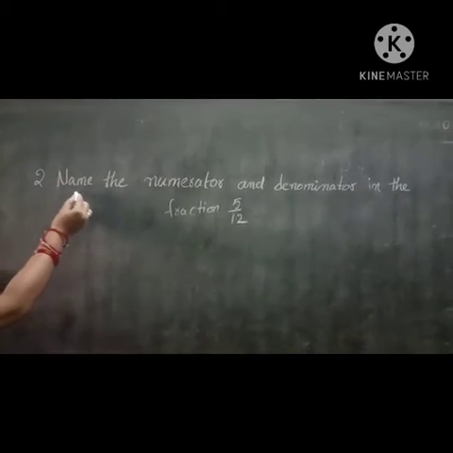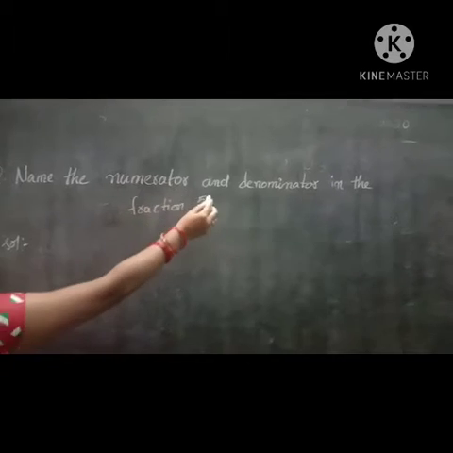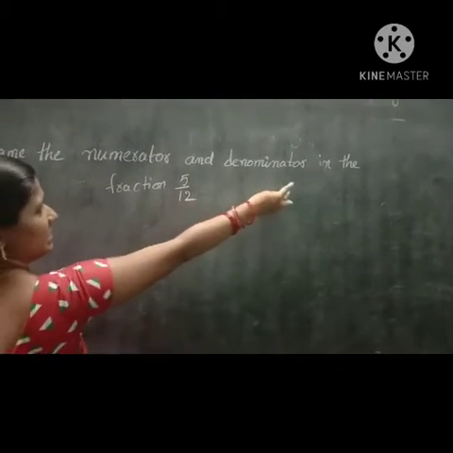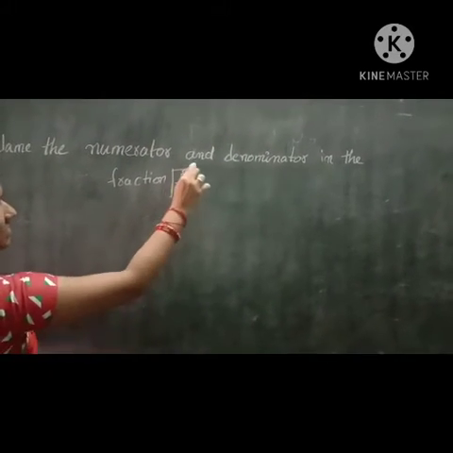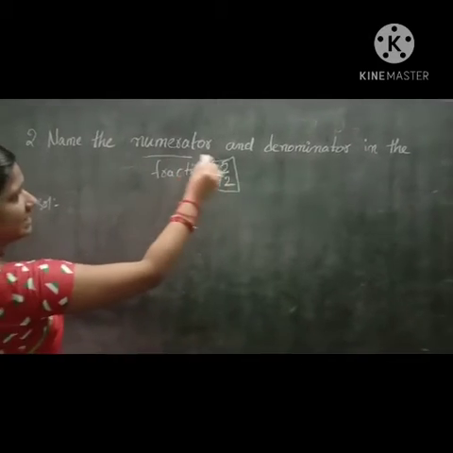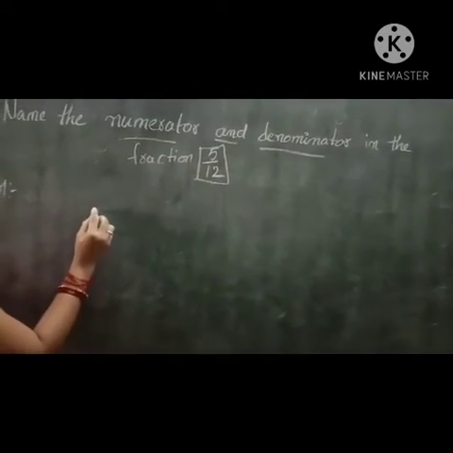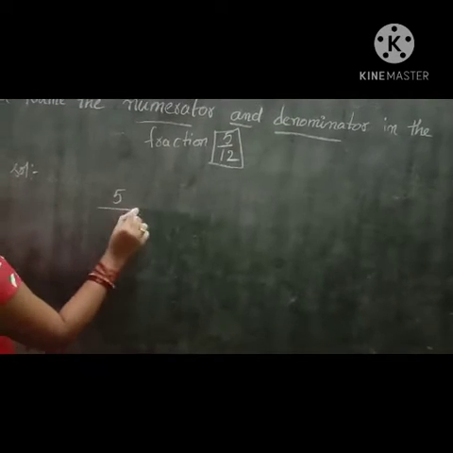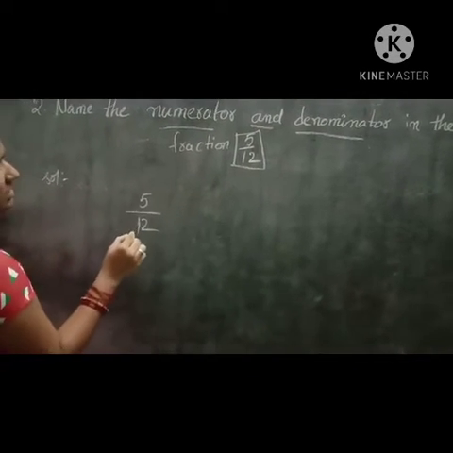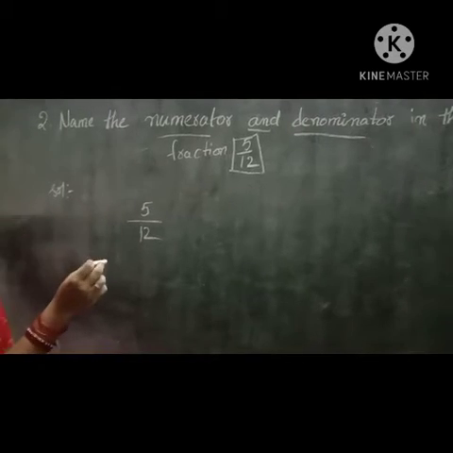Next, second one. Name the numerator and denominator in the fraction. This is the fraction. We have to find out the numerator and denominator. See here, children, what is the fraction number? 5 by 12. Here, what is the numerator and what is the denominator numbers?